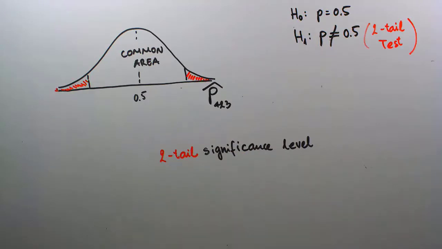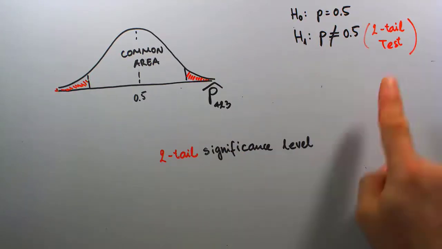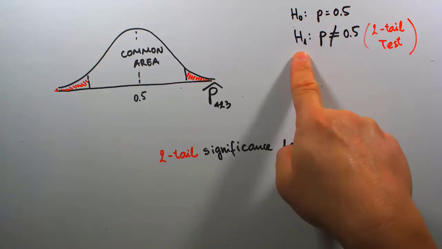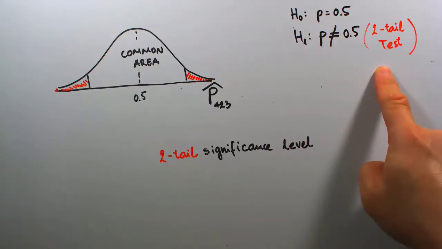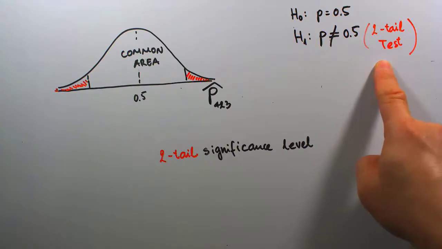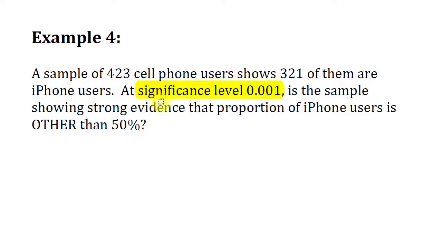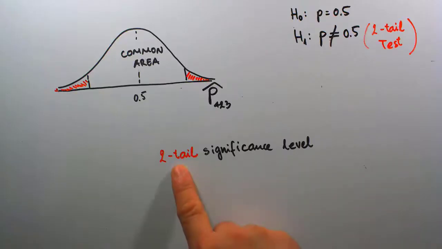My point is that as soon as we know from looking at our alternative hypothesis that the problem is going to be a two-tailed test, then the significance level given in the problem, the way it's worded, is just like any of the other problems. But we must automatically understand that the significance level given here is a two-tailed significance level.